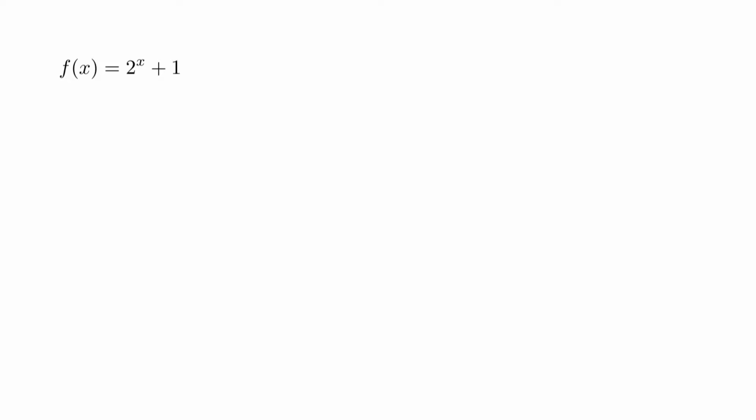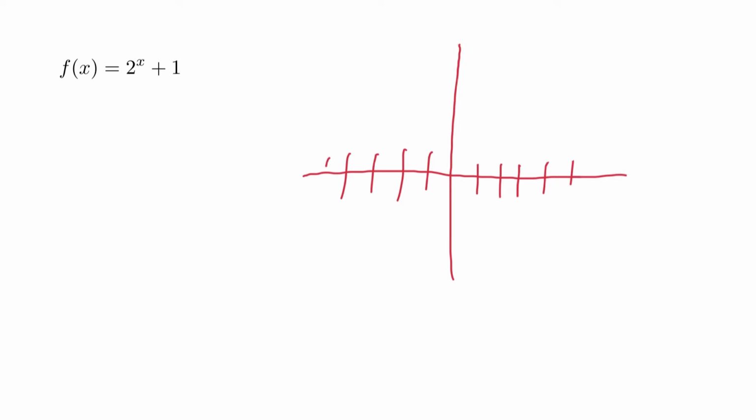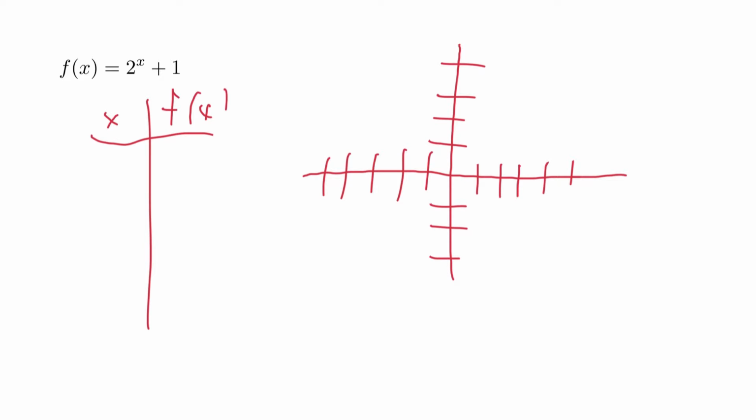How about this one? Let's play the same game. We'll draw a little table. When x is equal to 0, I have 2 to the 0 plus 1, so 2.